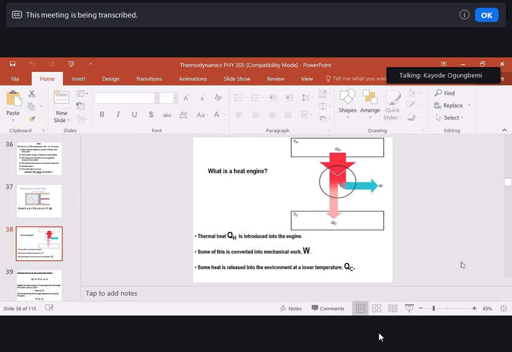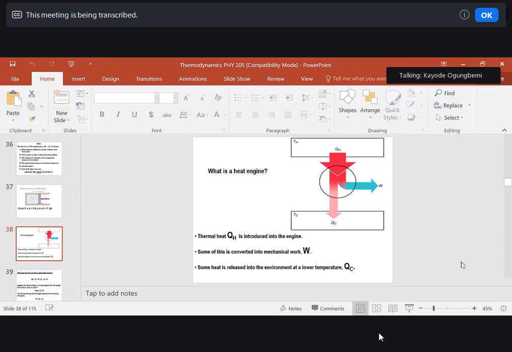So here is the demonstrator. We have the hot reservoir represented by TH, hot temperature, QH, higher heat, W, work done to the surroundings, QC, and the temperature of the cold reservoir, TC, cold temperature.